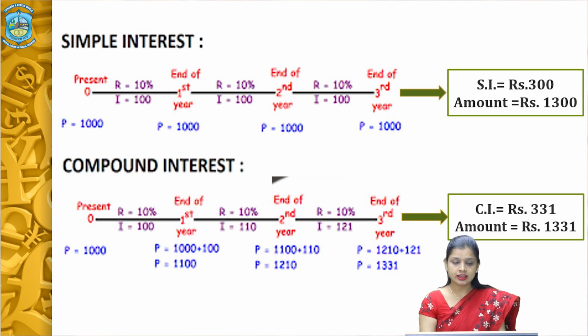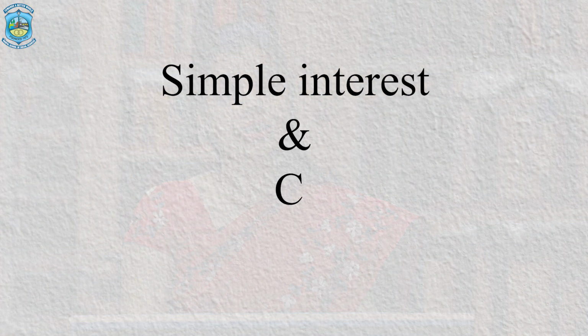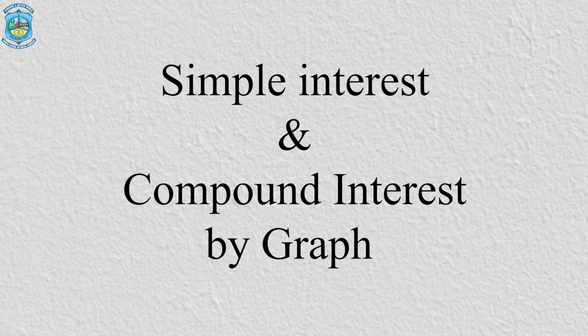So, after 3 years at the rate of compound interest, you have to pay 331 rupees as compound interest, and the amount paid by you is rupees 1331.